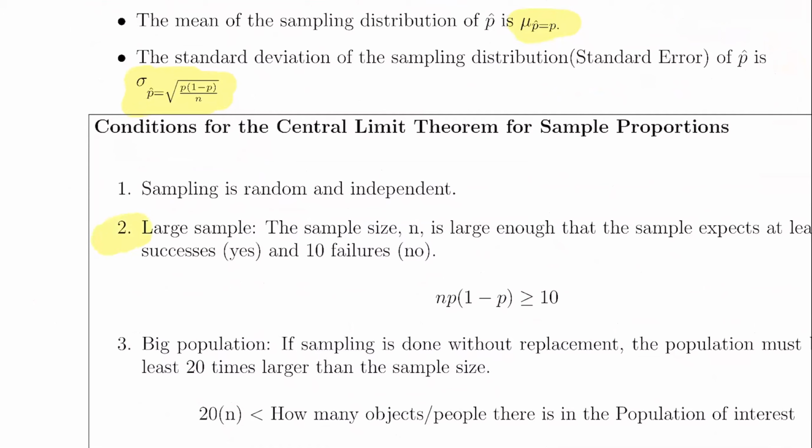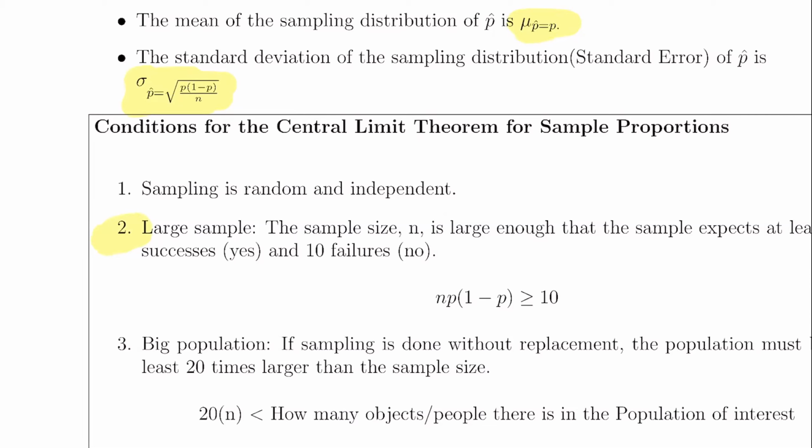The central limit theorem for a sample proportion is a little bit different from the central limit theorem for a sample mean. For the sample mean, n has to be greater than or equal to 30, and that was the rule for all cases. If n was greater than or equal to 30, we say it's approximately normal.